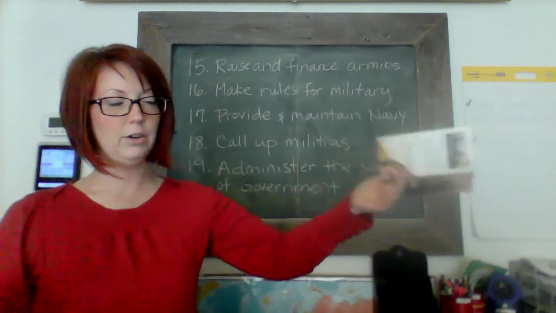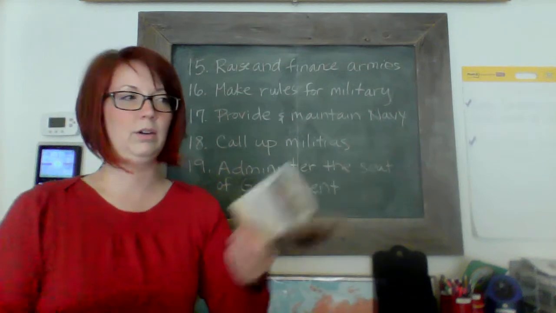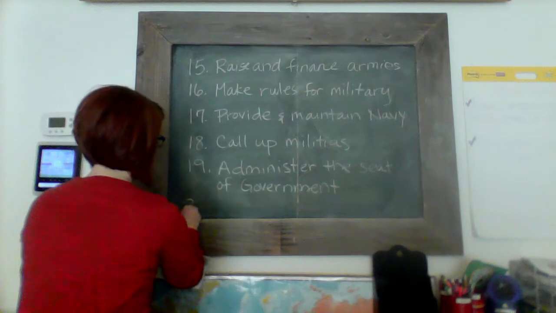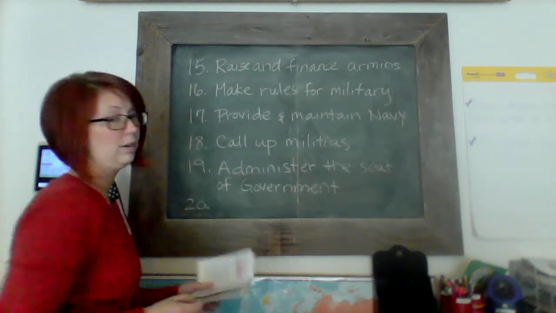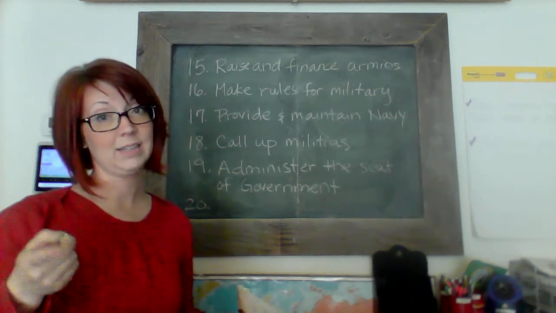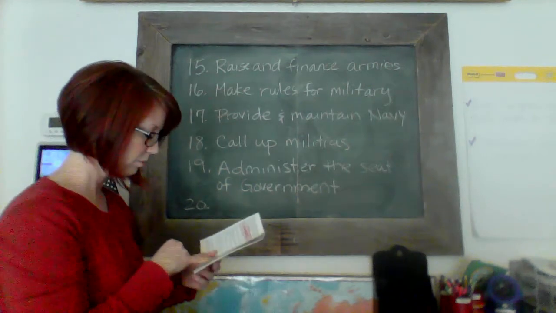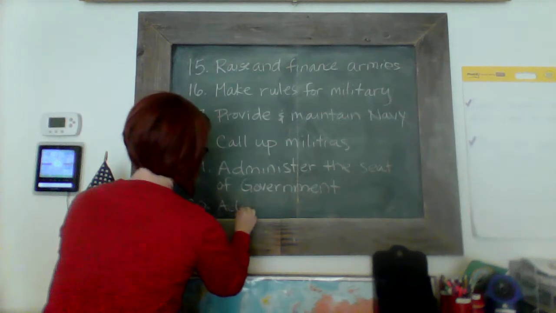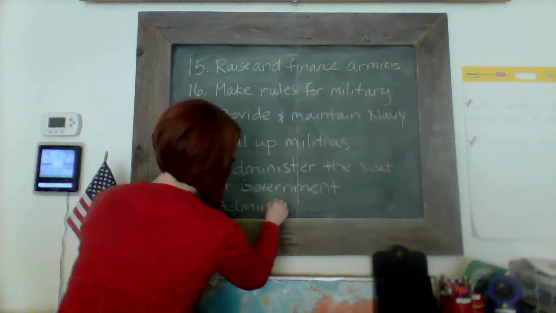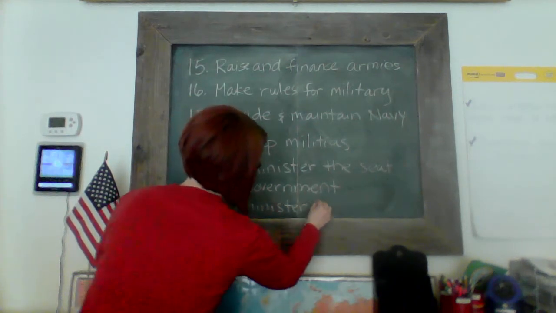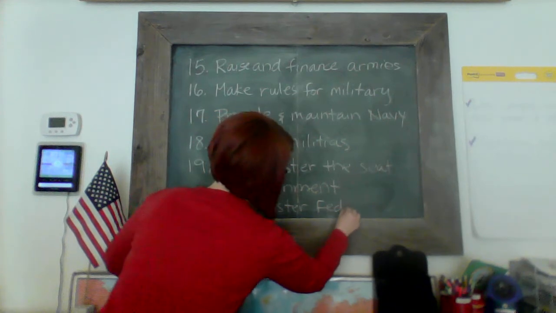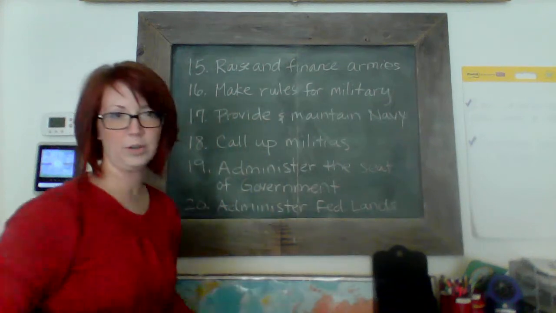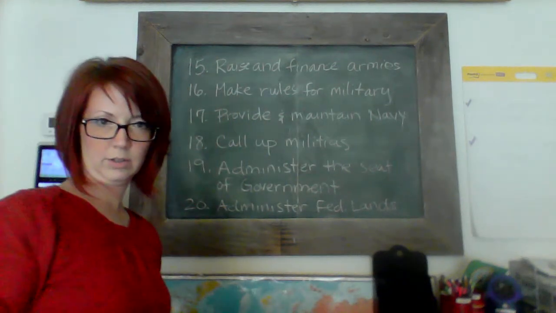We can have land we might need for a federal court or a national park or whatever. Or most importantly, military bases. That's a big one. So that's administer federal lands. I hope you can read that.